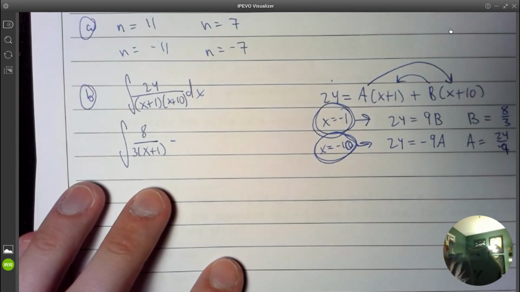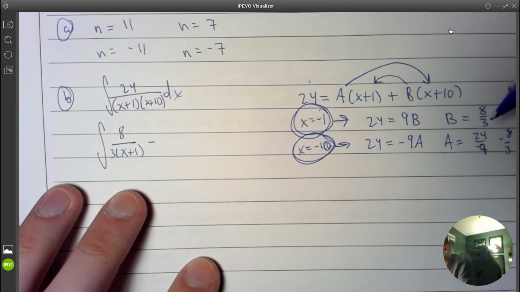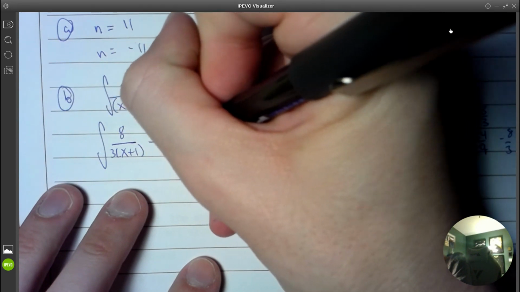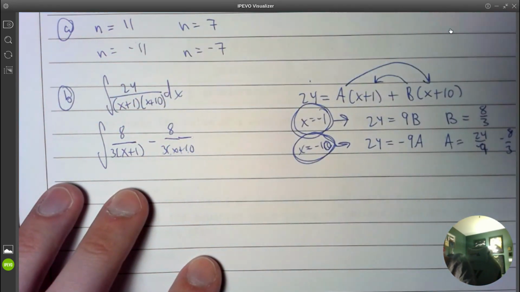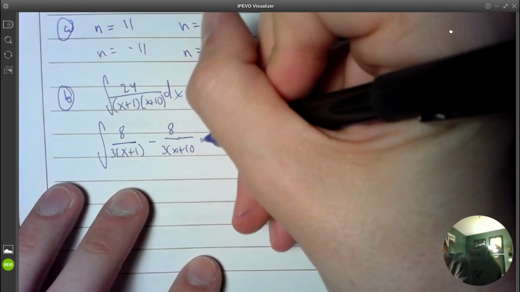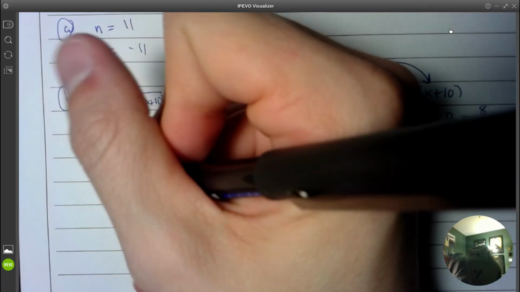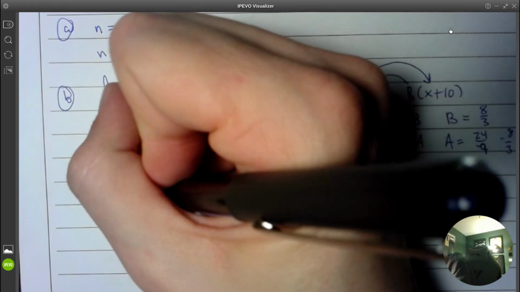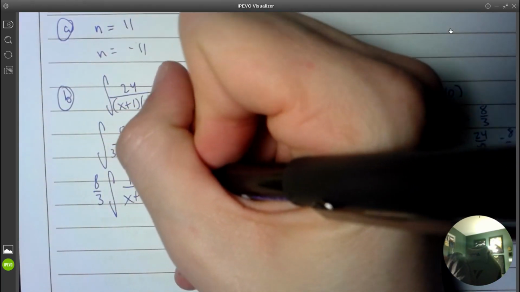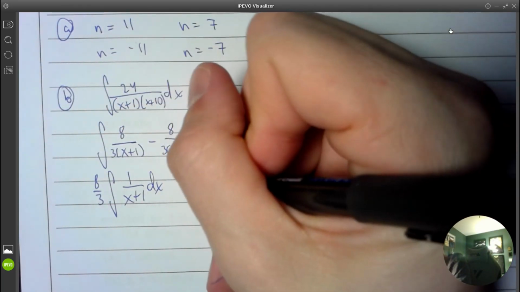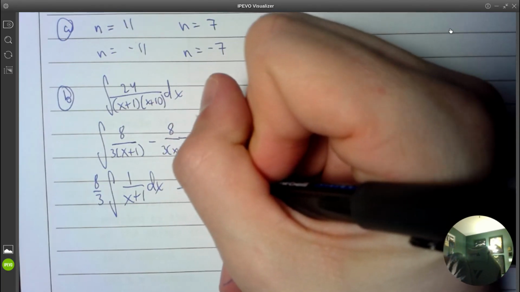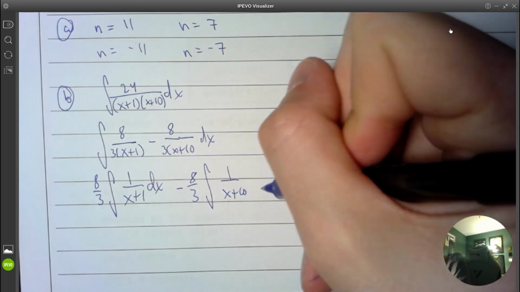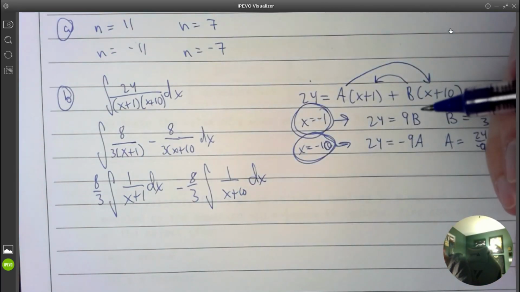Minus, I did the A second because I knew it was minus the 8 over 3 x plus 10 dx. Two separates. 8 over 3, 1 over x plus 1 dx, minus 8 over 3, 1 over x plus 10 dx.